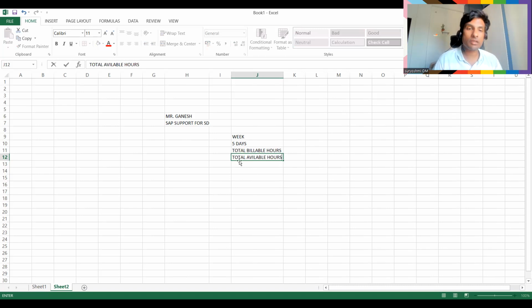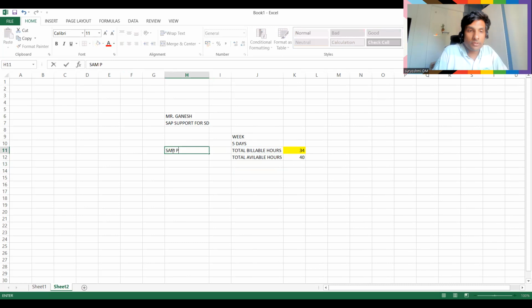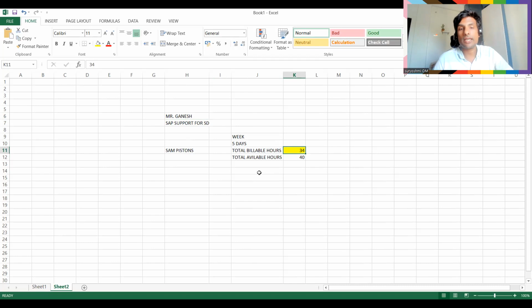Suppose in a day 8 hours, so 5 days means 40 hours. Assume this person got 34 project hours utilized. This is the actual project utilization. The project name is, for example, SAM Pistons. I'm just giving an example. SAM Pistons utilized Mr. Ganesh 34 hours every week, and total available hours from him are 40.